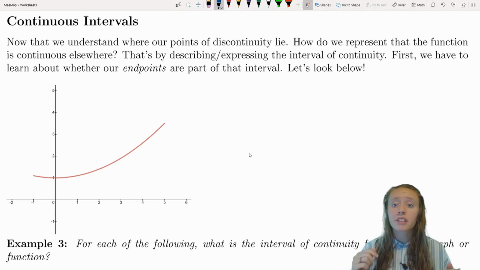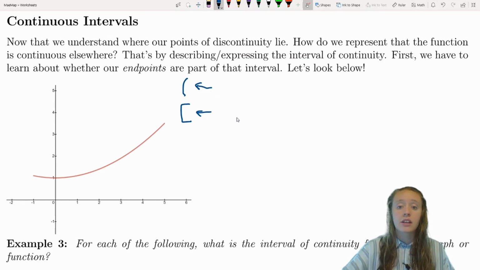But first, we have to learn about whether our endpoints are part of that interval or not, because endpoints will play an important role in deciding if we're going to be using a parenthesis on our interval or if we will be using a bracket on our interval. A bracket means that the point is included in that interval. A parenthesis means that the point is not included in that interval.